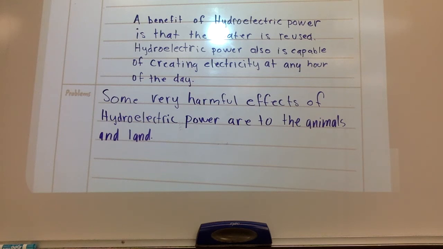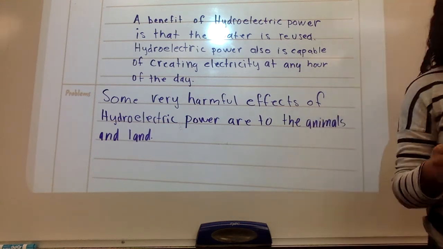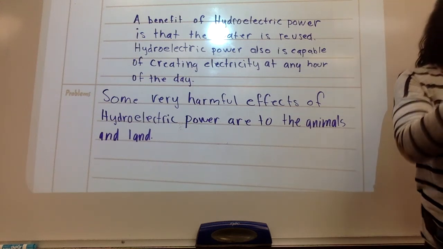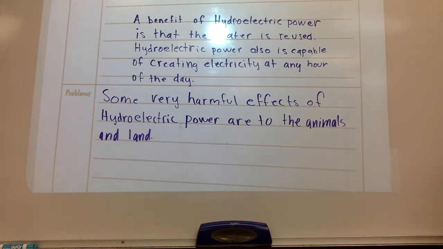Okay, now let's be more specific with examples of how it is harmful. So what does it do that it harms animals and land? Thomas?